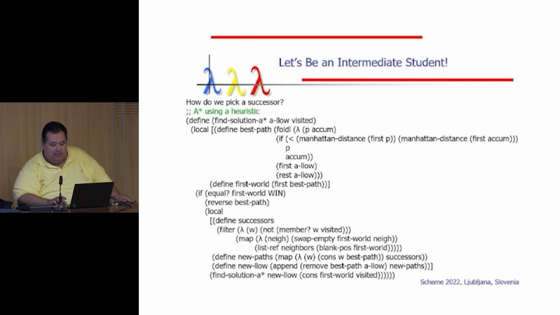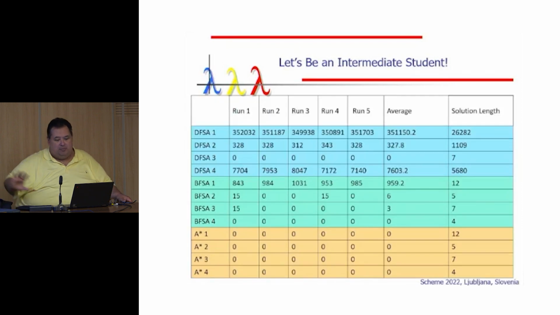And here's where students get excited now, because after all this work, going through all these iterative versions, they get to run experiments and they see this. And then they begin to understand why depth first search is so slow, because if you need to make 26,000 moves to find a solution, it's going really deep into the search space. That's why it's slow.